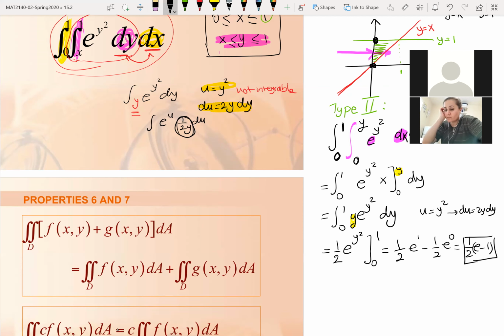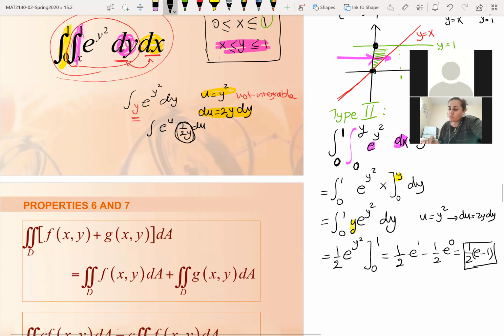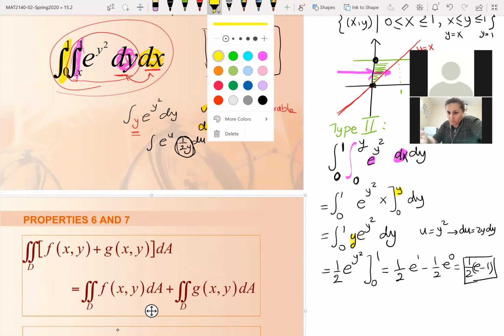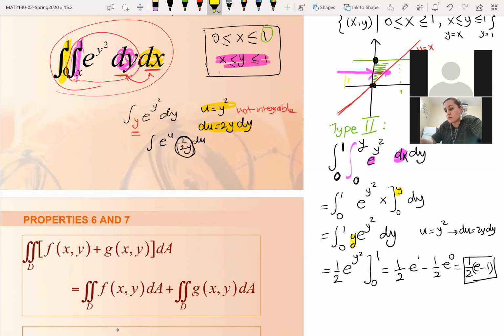I'm sorry, for when you had from 0 to y in the beginning of type 2, how did you get that, and so it's in terms of x, right? Because it's the lowest, because it can't go below, because we originally said that we can't go below 0, and because y equals x in this case. You always go from the left side to the right side, because that's how the x-axis is.